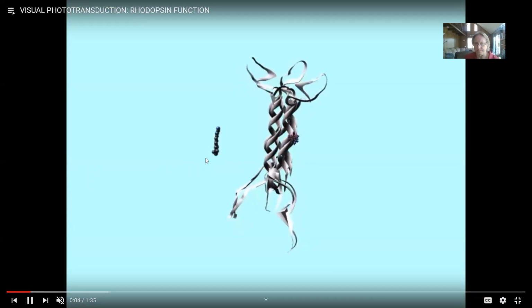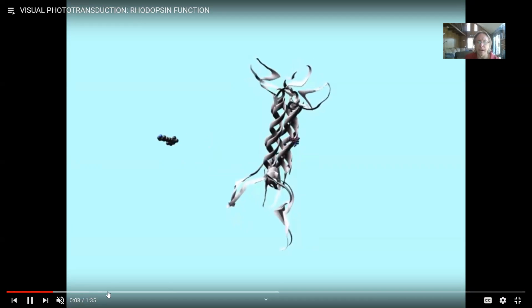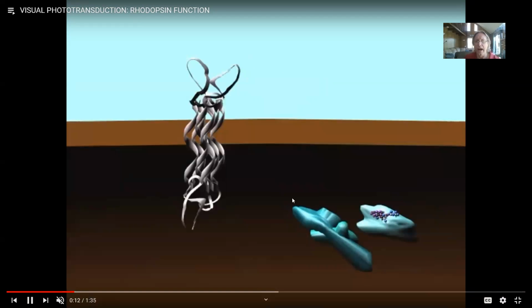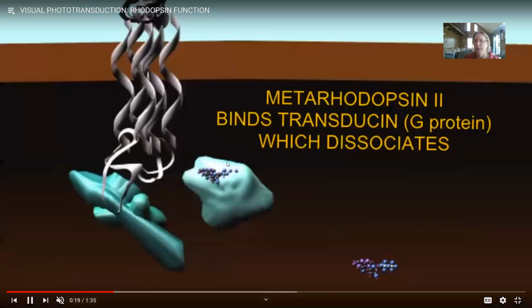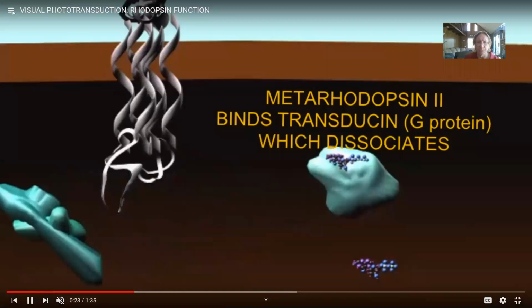When this does form that trans form, the meta-rhodopsin, it then binds to the G protein, transducin. Okay, so the G protein normally has these two parts which are attached to rhodopsin, but when meta-rhodopsin binds to it, the G protein separates, all right?